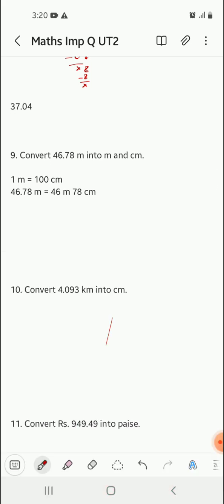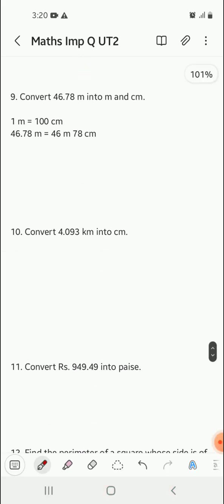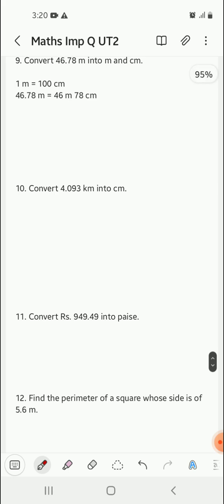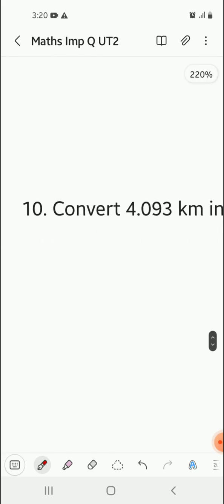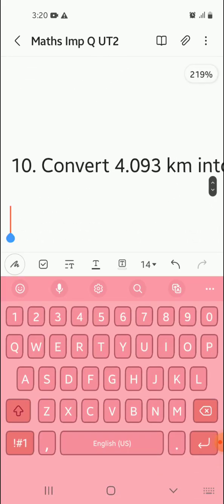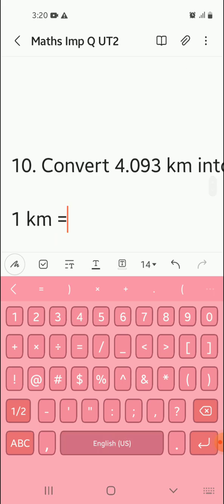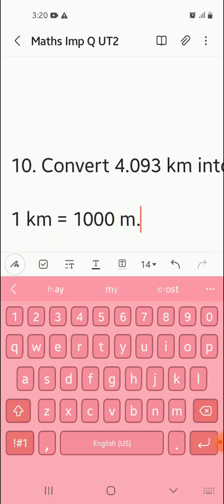Moving on to the next question, number 10. Convert 4.093 kilometer into centimeter. So again, we are going to write that 1 kilometer is equal to 1000 meter.